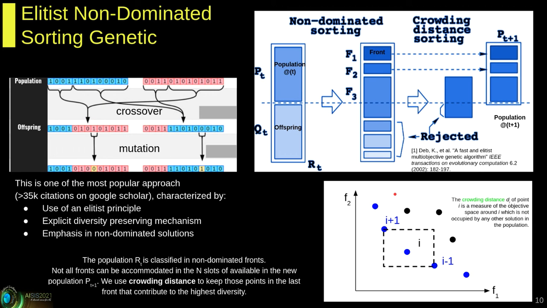Elitist non-dominated sorting is a method that performs non-dominated sorting of the solutions. For the t-th call, consider the population and the offspring which are evaluated with a fitness function f. They crossover to produce a set of R_t population, which are then sorted and ranked based on their position in the objective space into fronts. The top one here, F1, is the least dominated solution, followed by F2 and F3.